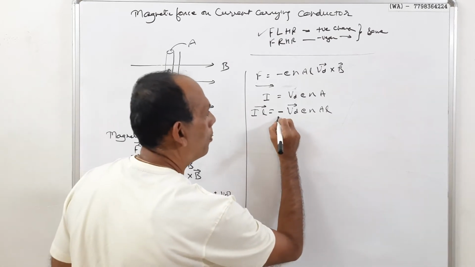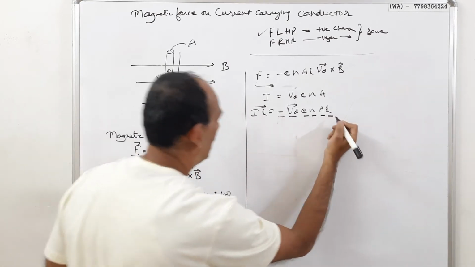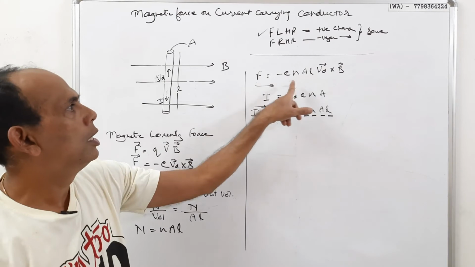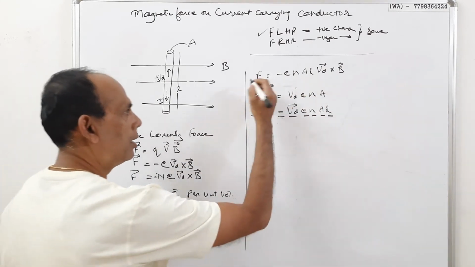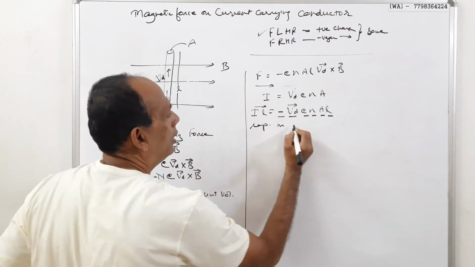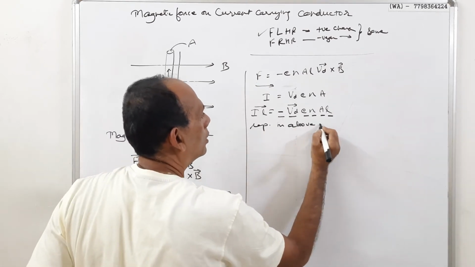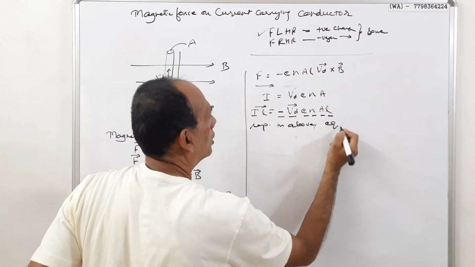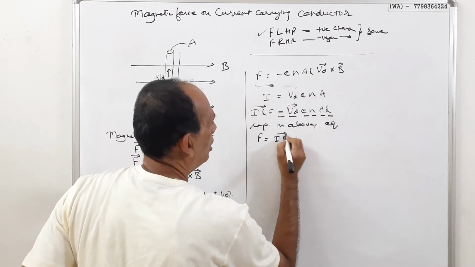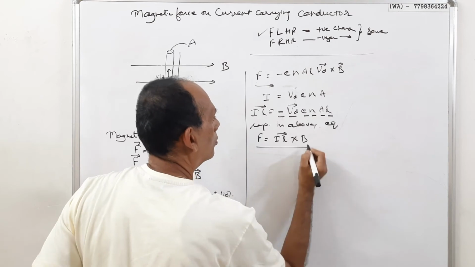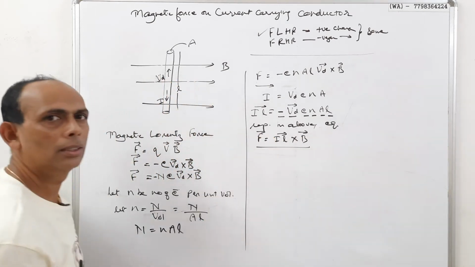Now we have minus V D E N A L, it is all there in this. Minus V D E N A L. Now we replace in the above equation. Now what did we get? F is equal to I L cross B. This is what we get.